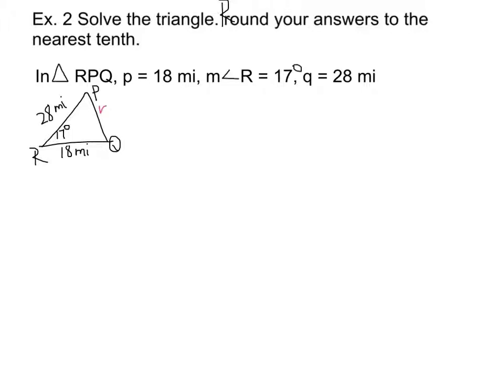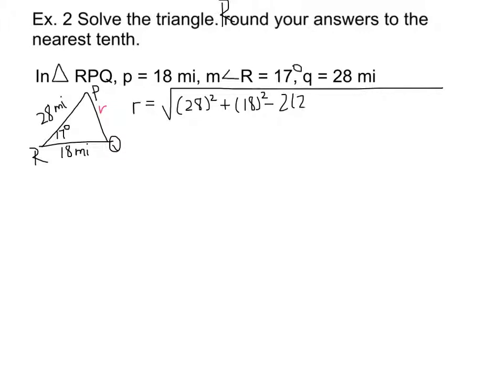And so the way that you do that is we're going to do r equals the square root of my other two sides, which are 28 and 18, minus 2 times those two sides, times cosine of my given angle.